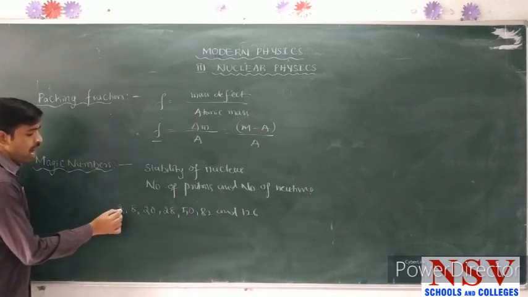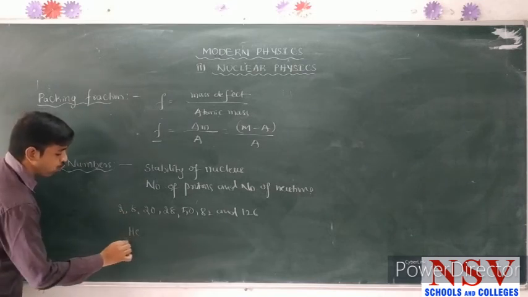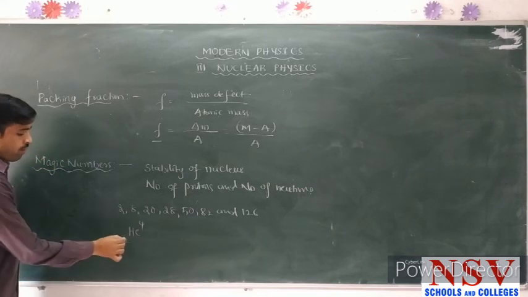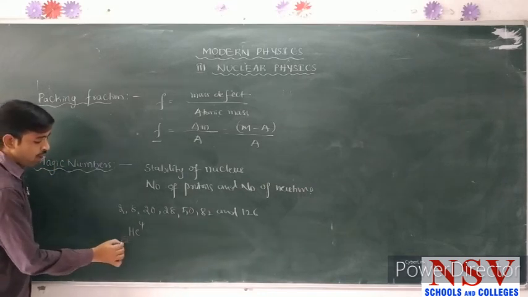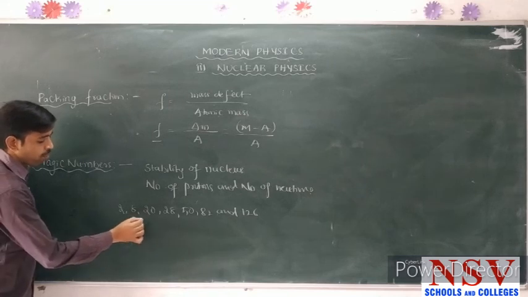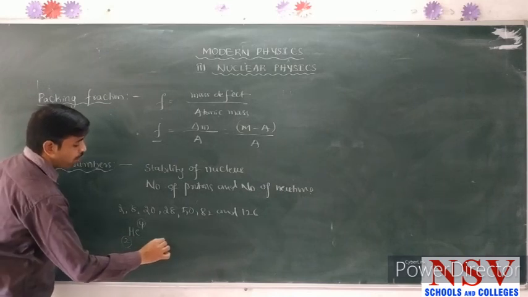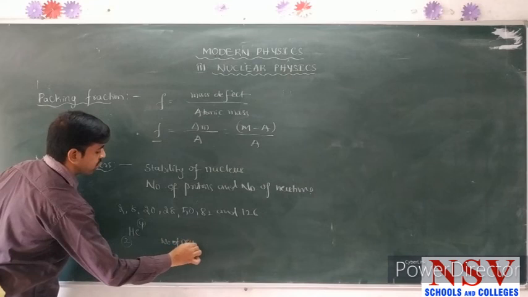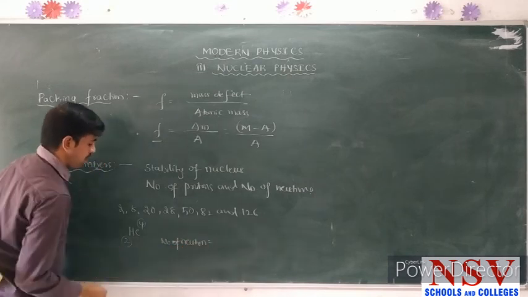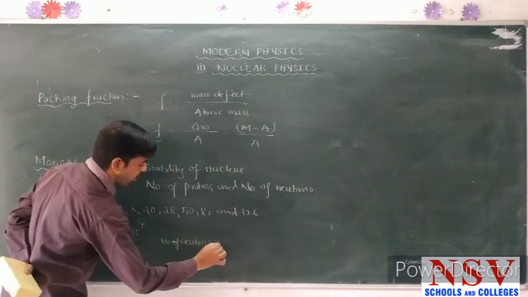In this case, the element with atomic number 2 is helium. Helium 2, 4: here 2 is the atomic number, the number of protons, and 4 is the atomic mass, the sum of protons and neutrons. The number of neutrons is the atomic mass minus the atomic number, so 4 minus 2.